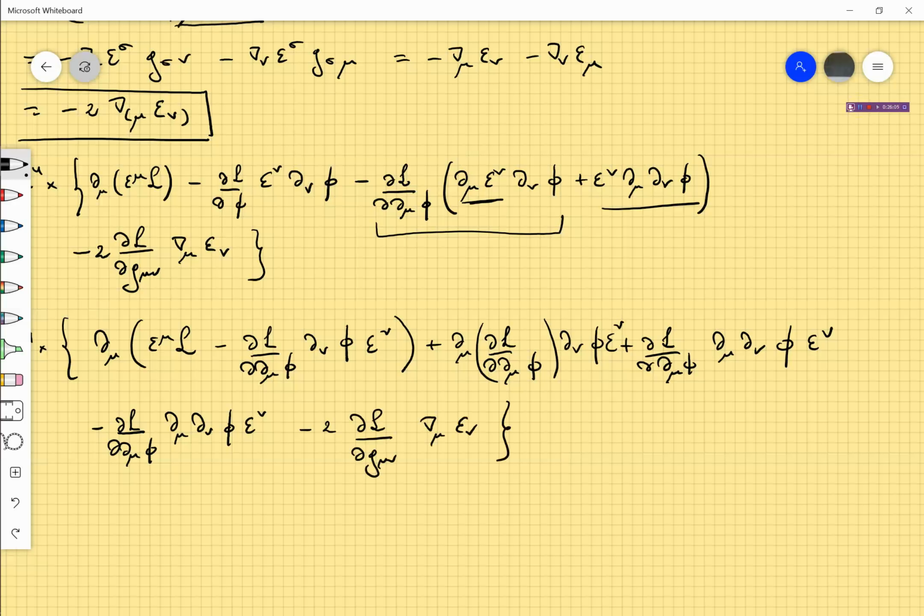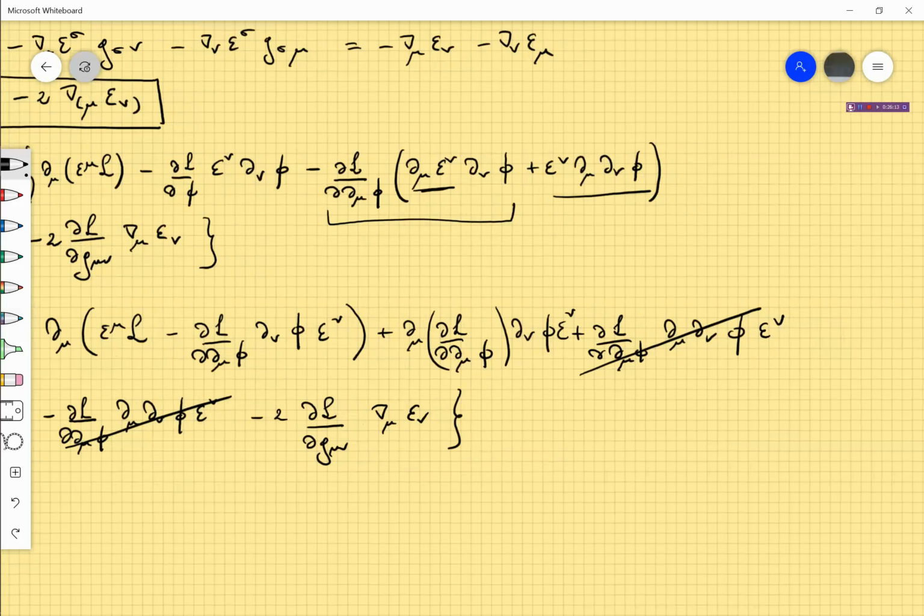Okay, the first thing that I notice is that these two terms, the second derivatives of phi, cancel. The second thing I notice is that I have forgotten this term as well. Sorry. It's minus partial L partial nu phi.